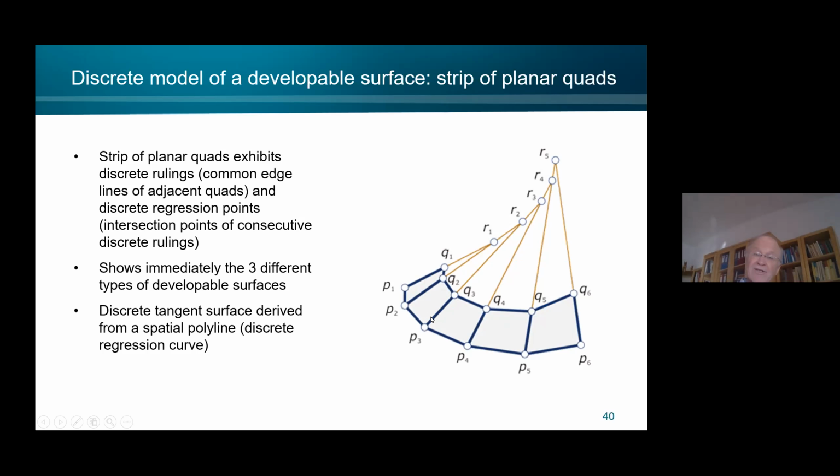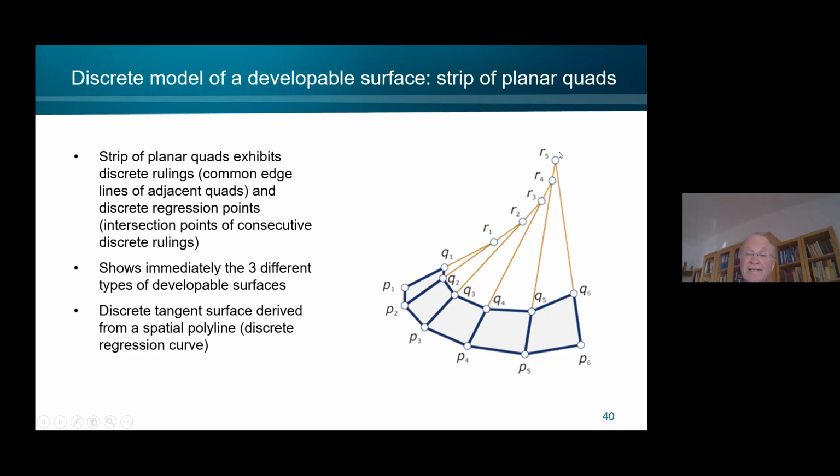Now, if we take such a quad here, it is planar, so these opposite edges must intersect here at a point, or in limit case be parallel. So we get such a polyline of these intersection points, where these edges, where neighboring quads join, are actually the connections of consecutive points.